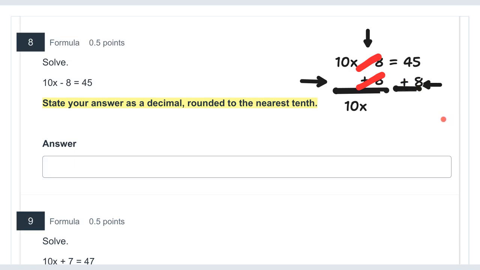45 plus 8 is 53. These two sides are equal. Then if I want to solve 10x equals 53, to get the x by itself, I have to divide the left side by 10. And when I do that, those 10s are going to cancel.